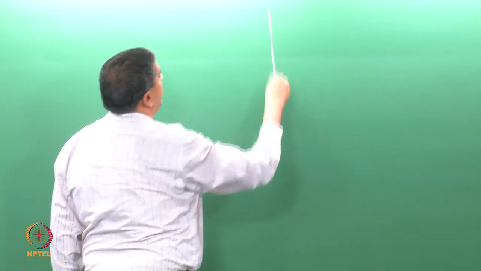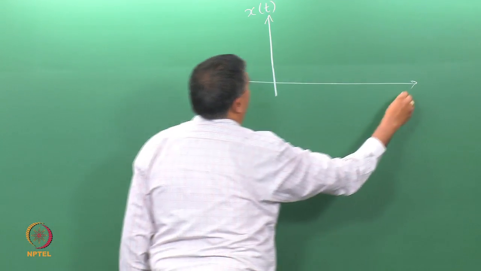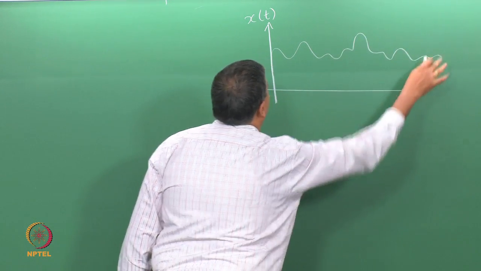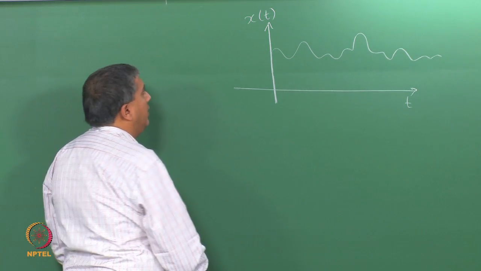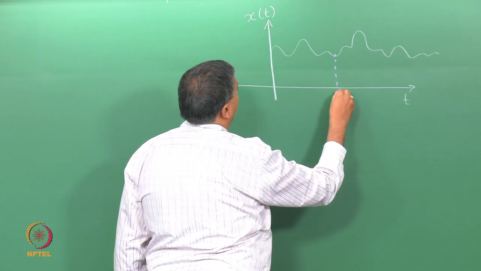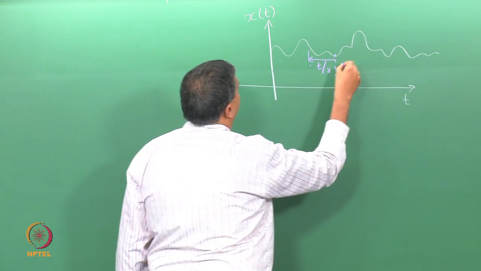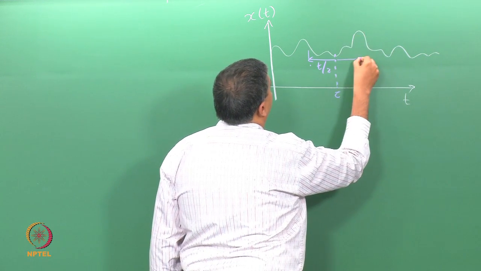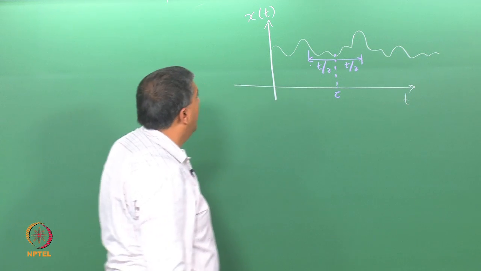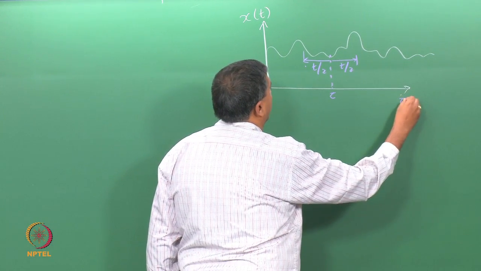So, let us take this signal here. Let us say I have some signal, need not be periodic. What is happening in Wigner-Ville is that, let us say I am standing at tau, this is the tau, I am looking to the left, let us say this length is t by 2, and I look to the right for the same length, this is t by 2, and you can say that our dummy variable right now is of course t.